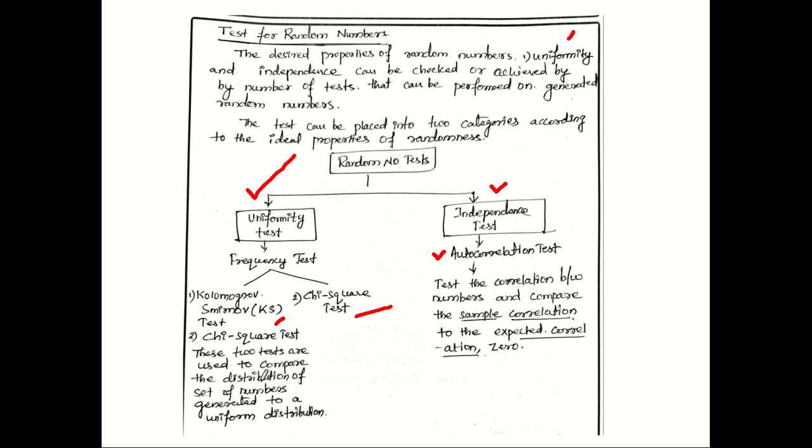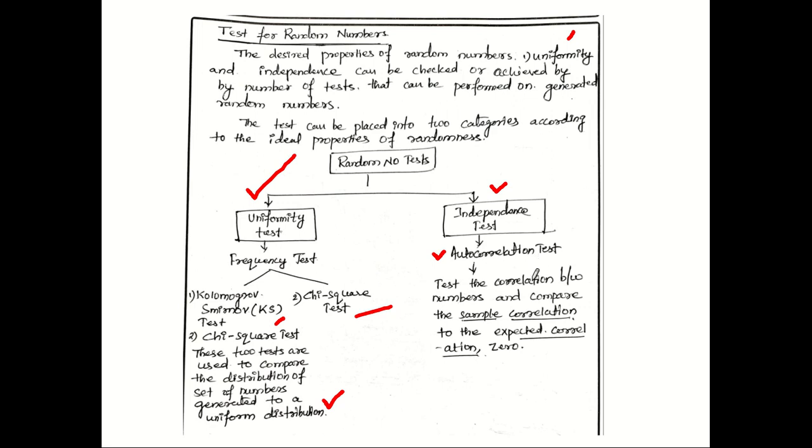These two tests are used to compare the distribution of a set of generated numbers to a uniform distribution. Whatever numbers are generated from a particular random number generator technique are compared for uniform distribution.